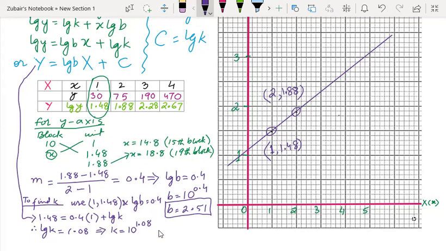So nearly equal to 12.02, and we can estimate like k is equal to 12. So the value of k is coming out as 12, and the value of b is 12.51.